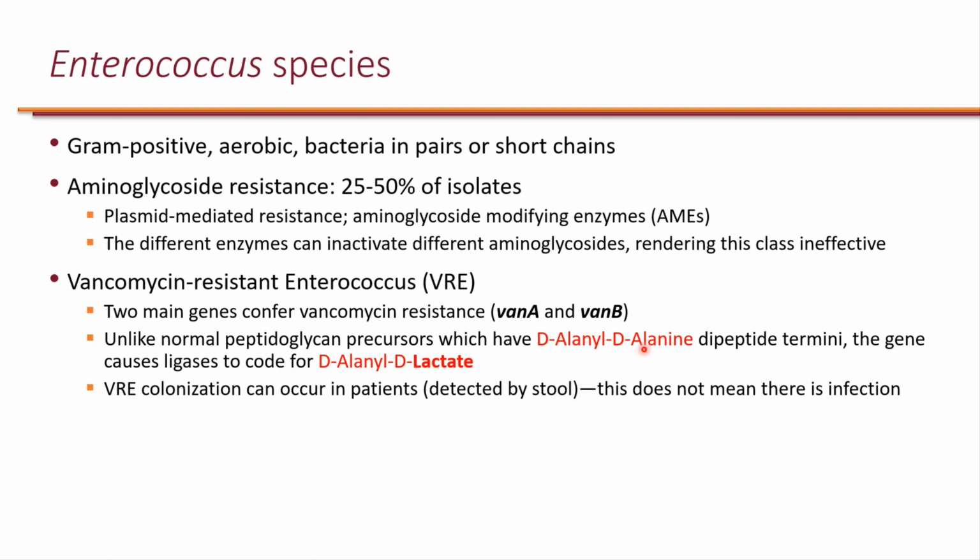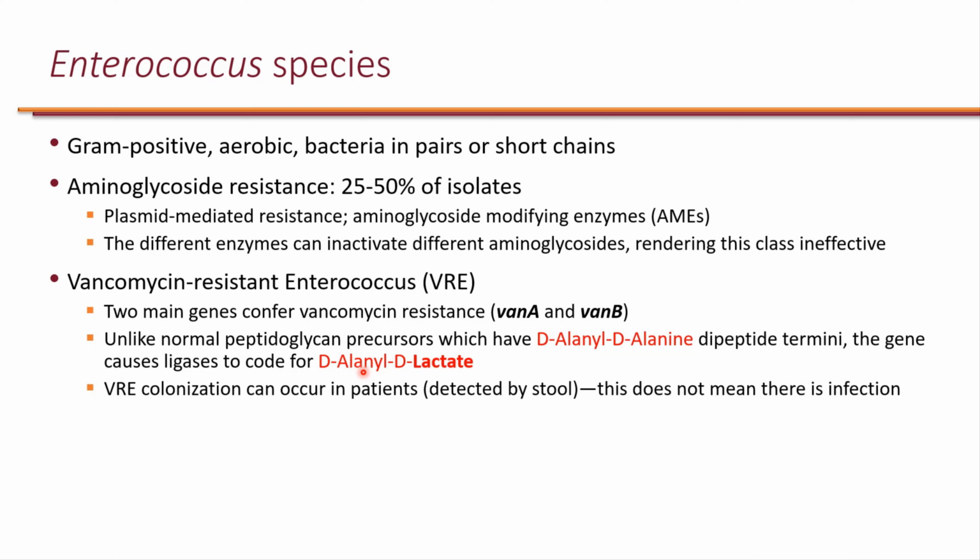And basically, the site of action for vancomycin is the D-alanine-D-alanine. And what happens in Enterococcus with these genes is that it mutates and changes the second alanine to a lactate. And as a result, vancomycin can no longer bind to the D-alanine-D-lactate. And this mutation basically does not interrupt the life cycle of Enterococcus.